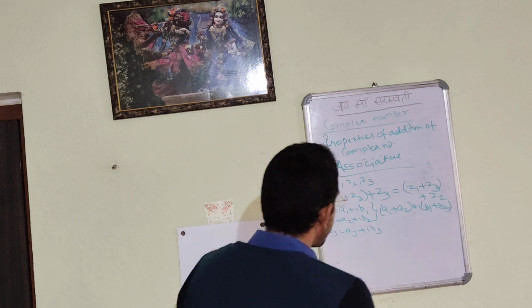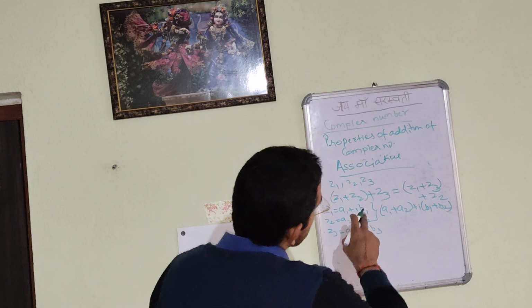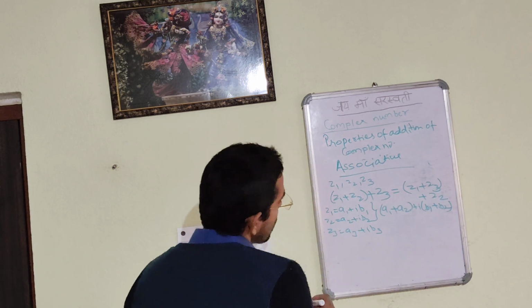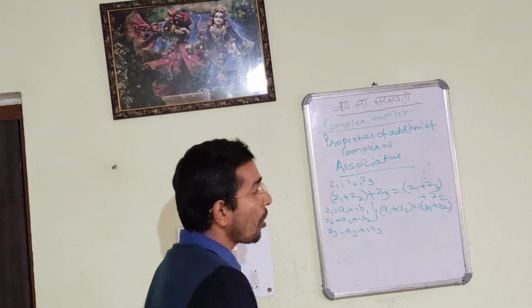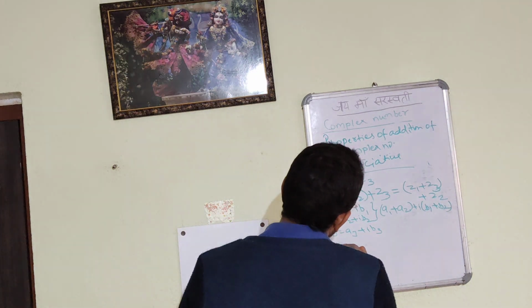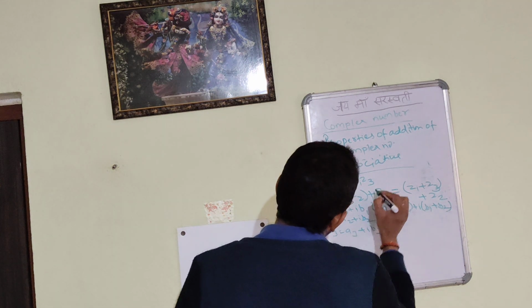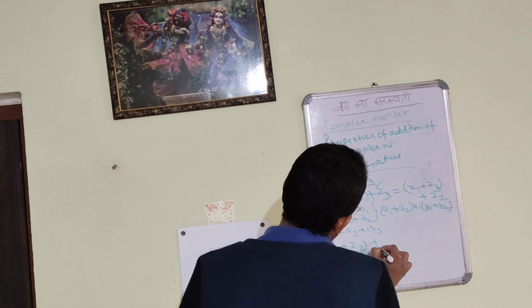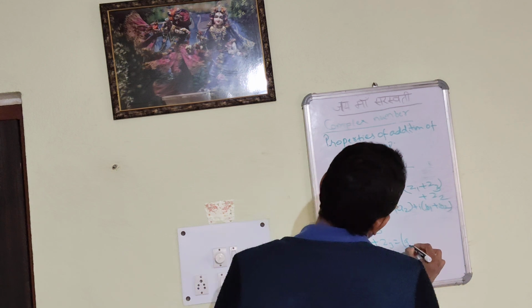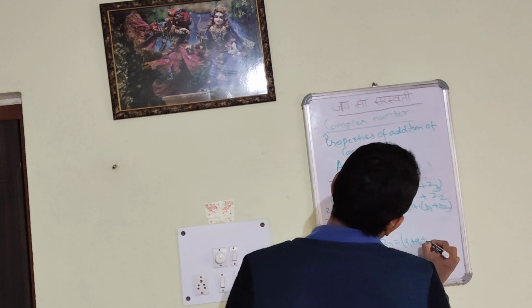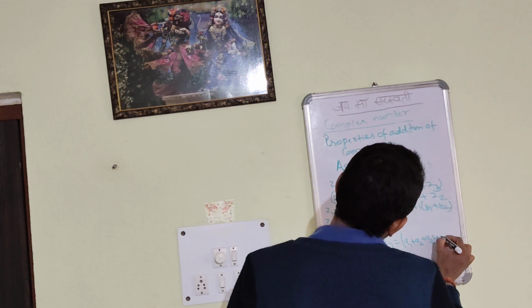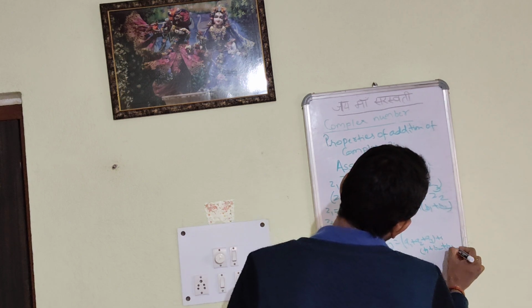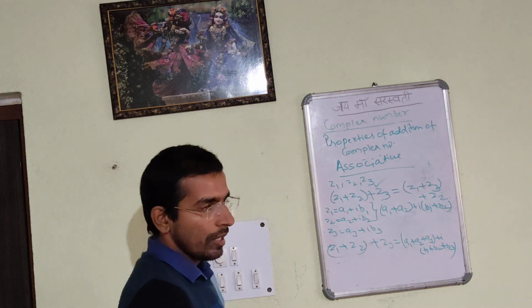That is the answer. And suppose we are adding Z3 again. In that case, we have to add the real components together. So final answer, Z1 plus Z2 plus Z3 is equal to (A1 plus A2 plus A3) plus I (B1 plus B2 plus B3). So that is the answer.